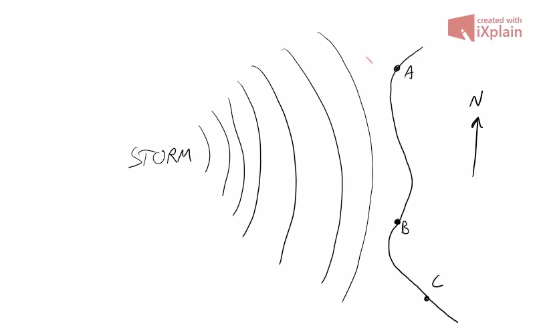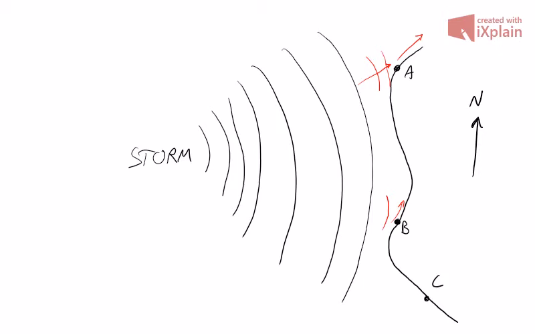So we have these waves and they're coming in towards point A, right? And so if the waves are coming this way, they're going to drag the longshore transport down the beach to the northeast, right? Likewise for B, waves coming in based on the angle of the shore, it's again going to push longshore transport in that north or northeast direction, right?